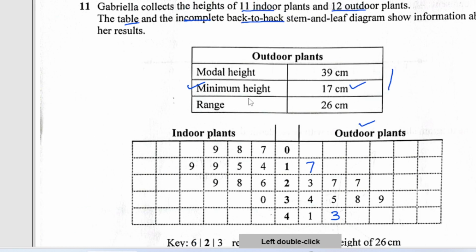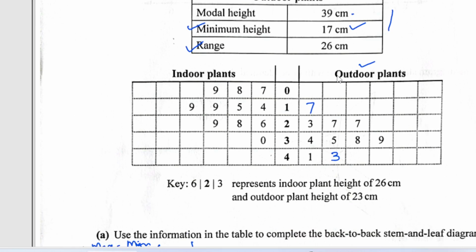So now we are left with the mode height. Mode height is 39, so that means this should repeat more than once, right? But if you look here, this 37 is coming already twice. So if we put 1 9 here, that will be 39 once, but it will then have the same mode value as 37 and 39. So 9 should repeat once more.